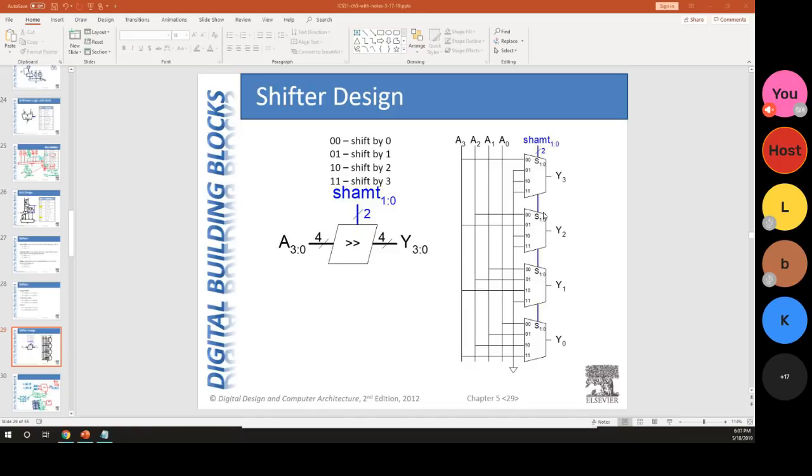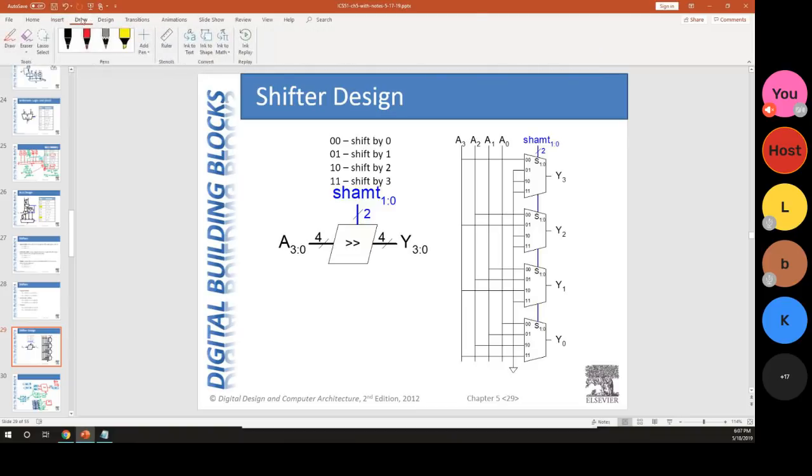Y0 doesn't mean shift anything. Let's say you have a binary number that's just 4 ones, right?